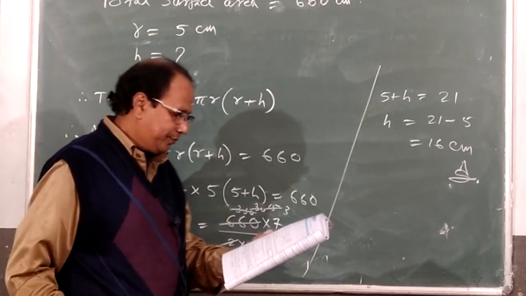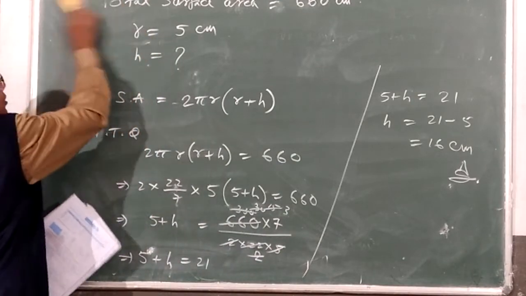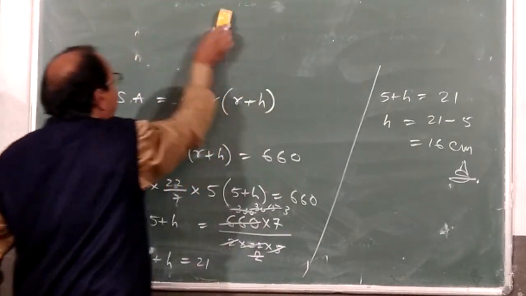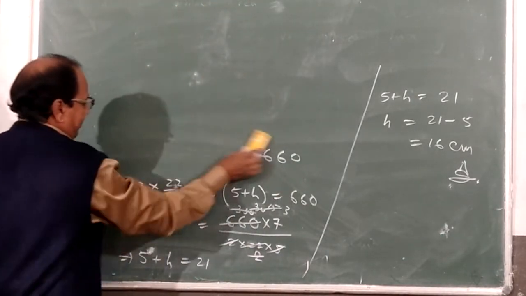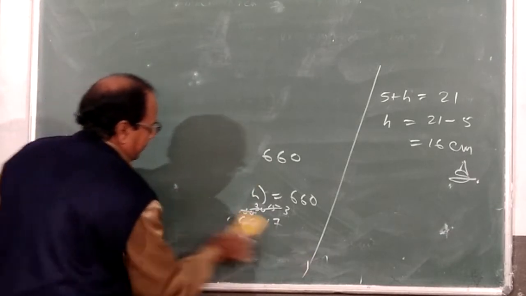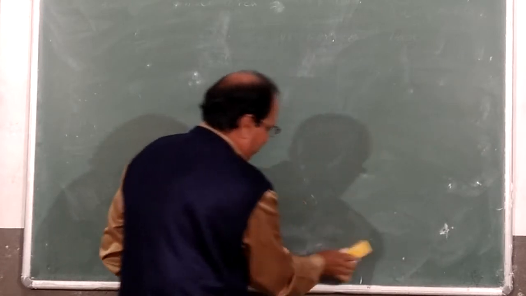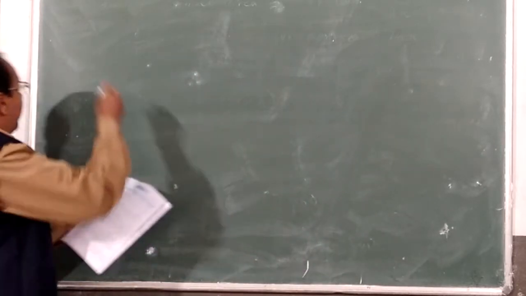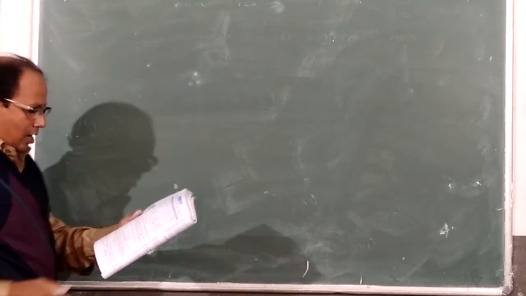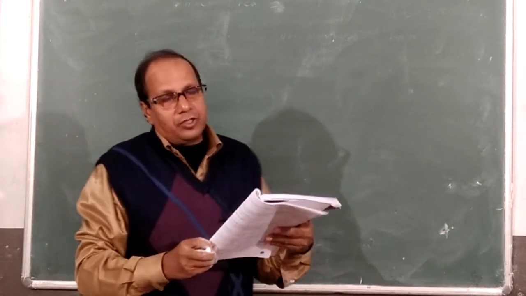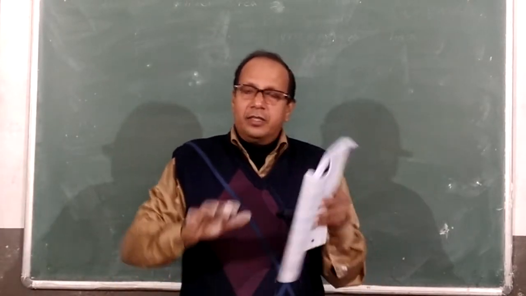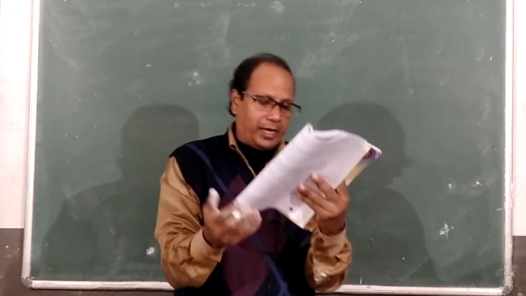Last question. Here, question number 9. Question 9 here. A hollow cylindrical pipe. This is not a solid, this is hollow. Hollow means there is inside, there is outside.